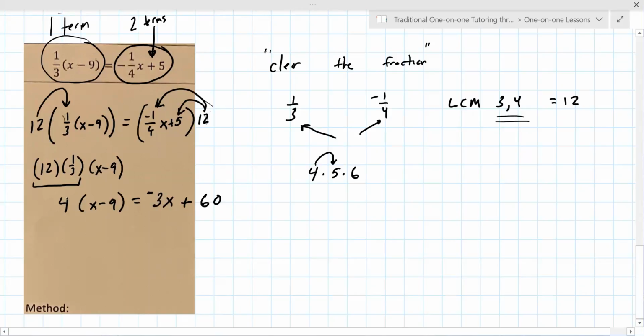The next step is to take this 4, actually go ahead and get this line written down. Let me know when you get caught up.